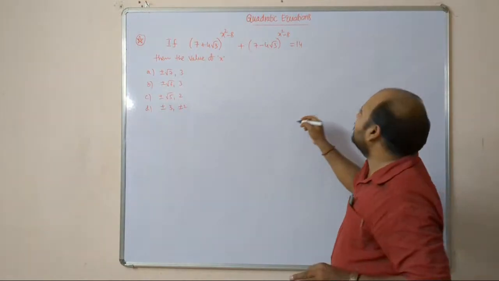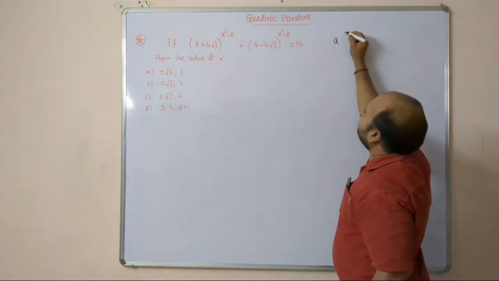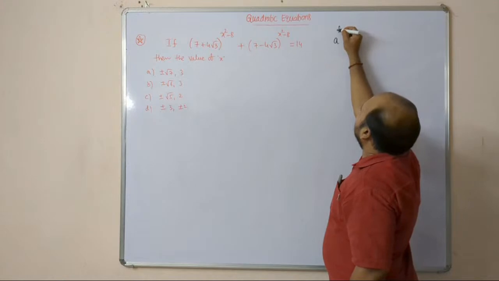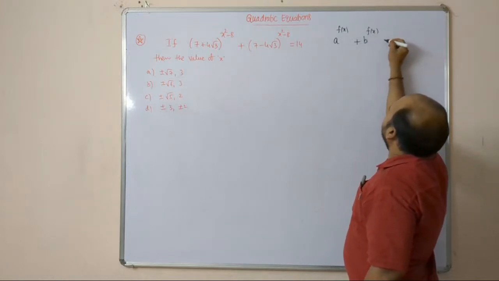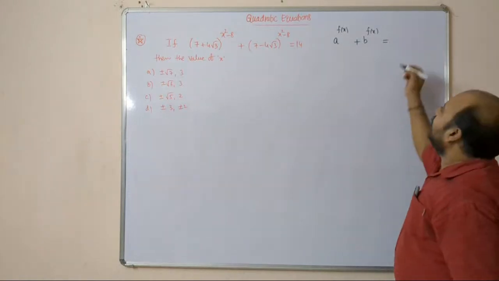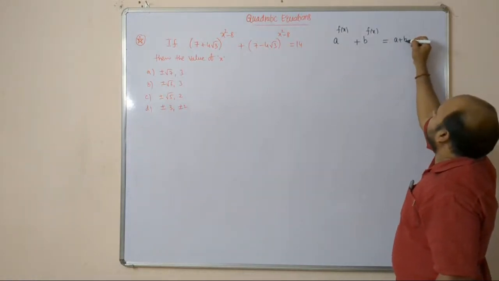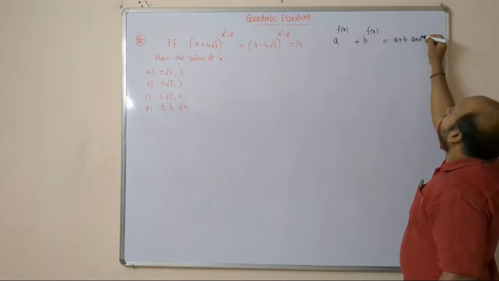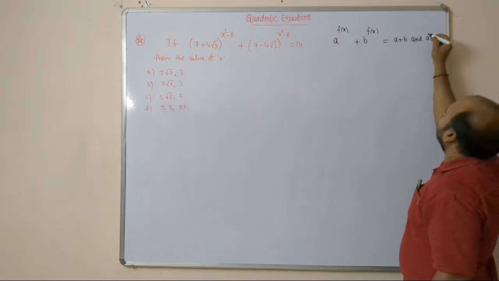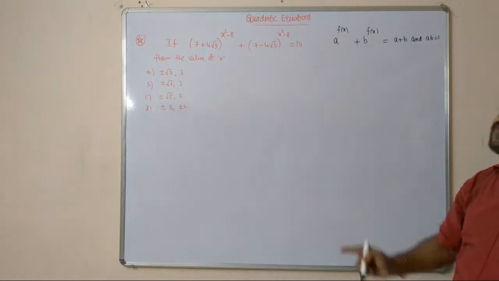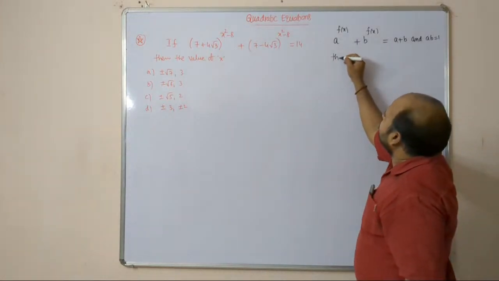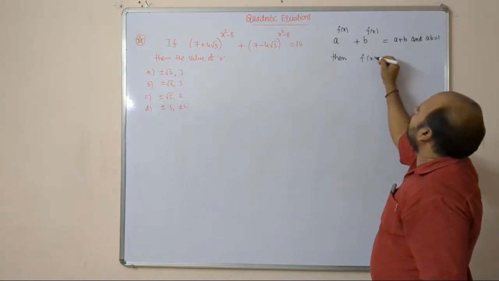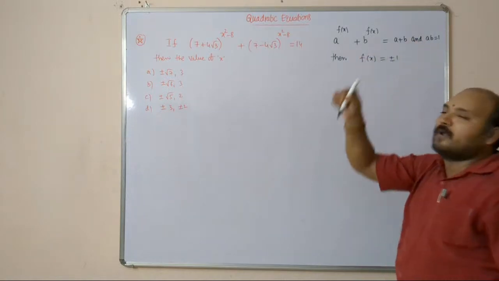So whenever, dear students, you remember a power f of x plus b power f of x is equal to a plus b and ab is equal to 1. This condition should be satisfied by the given equation. Then to get the solution, f of x should be equal to plus or minus 1. Keep in mind, dear students.